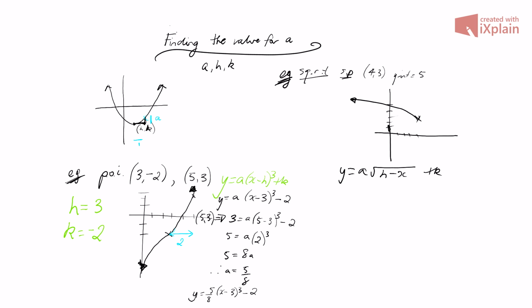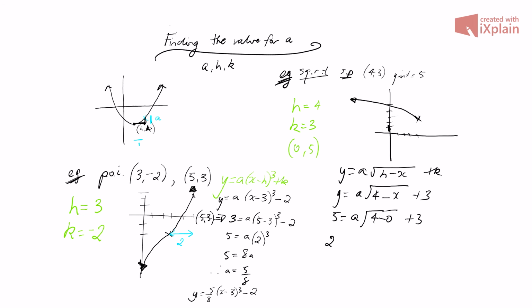I know my h must be 4, my k must be 3, so therefore we've got y equals a times the square root of (4 minus x), plus 3, and then we just substitute our extra value in. We know the point 0, 5, so I'm going to say 5 equals a times the square root of (4 minus 0), plus 3.